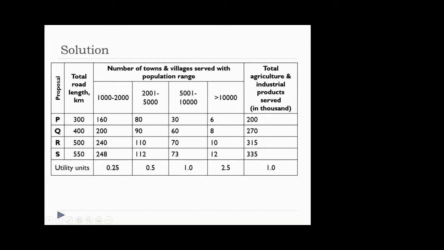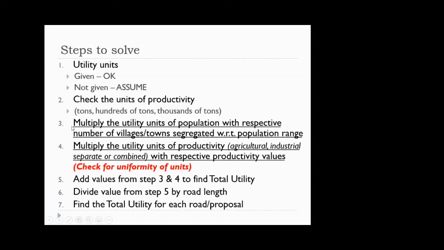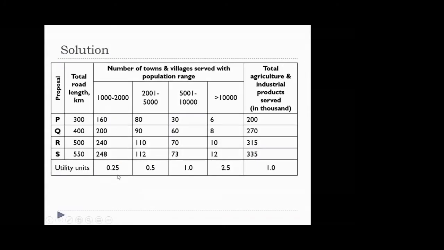Steps 3 and 4 take the utility units and multiply them with the respective values, like this utility 0.25 for the population range of 1000 to 2000. You have to multiply it by the respective number of villages or towns for each proposal.